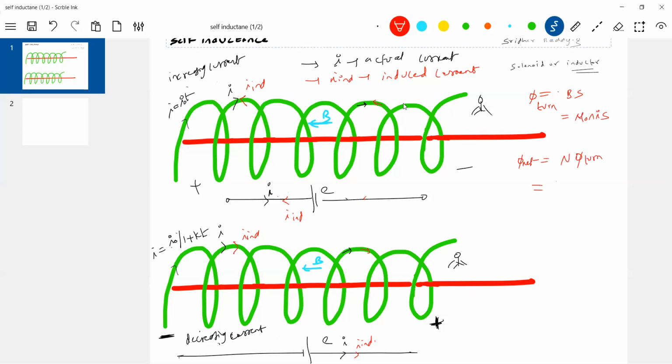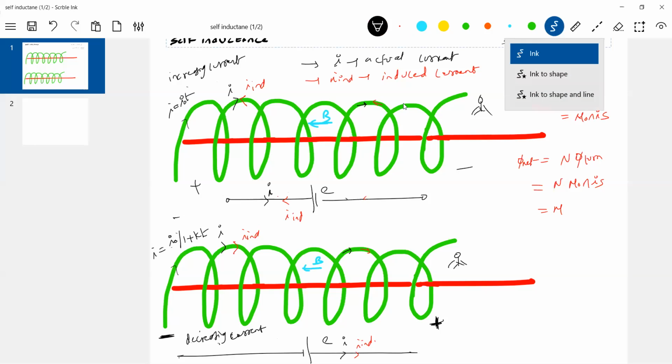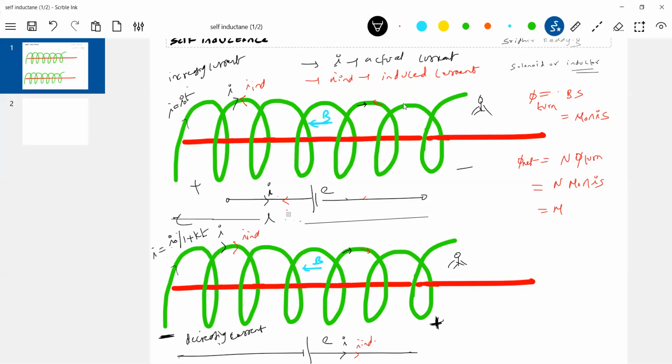So this should be N into mu naught n I S. What is n? The number of turns per unit length. Let L be the length of the solenoid, indicated like this, the physical length. Let the number of turns be N. So in place of n, it will be N by L, I, into S, where S is the area of cross section.